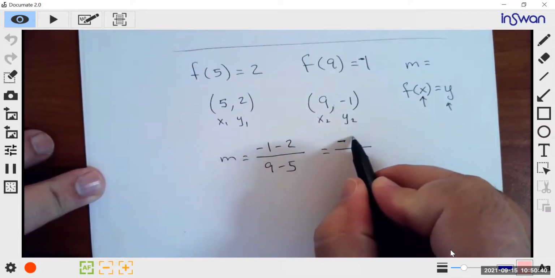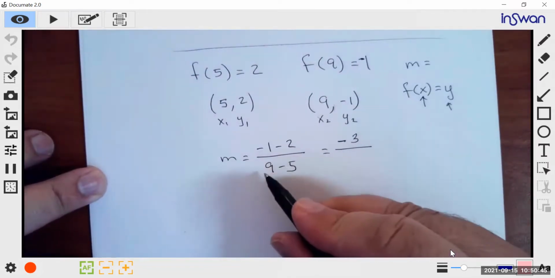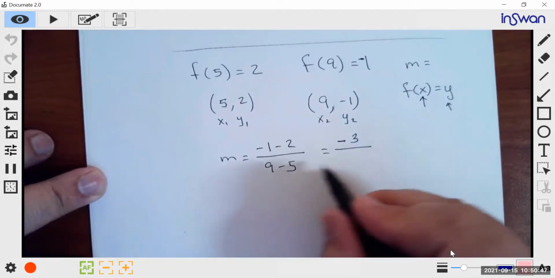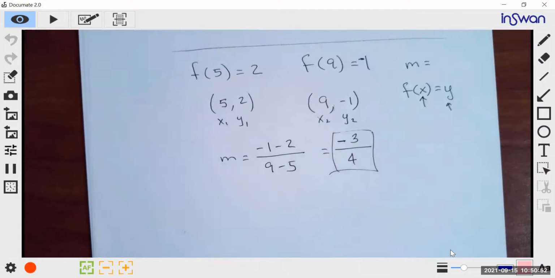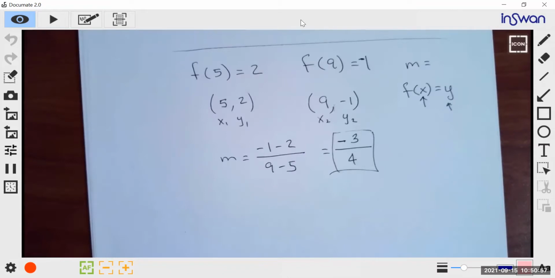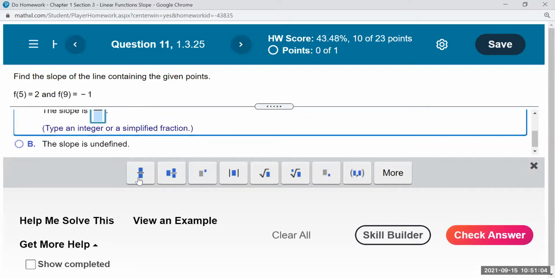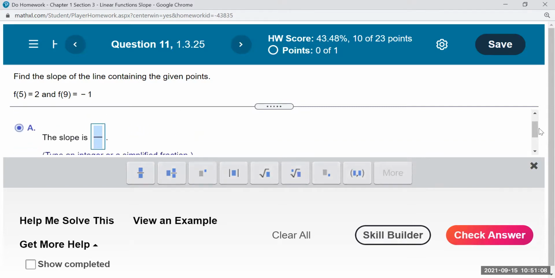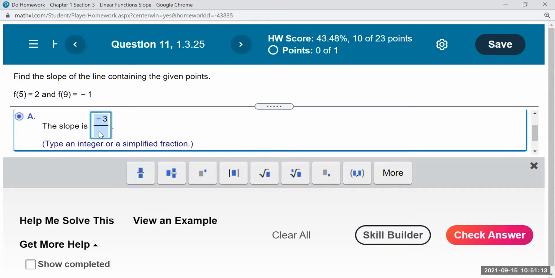Add the numbers. 2 plus 1 is 3. 9 minus 5. 9 is positive, so the answer is going to be positive. 9 minus 5 is 4. So there's your slope. So -3 over 4.